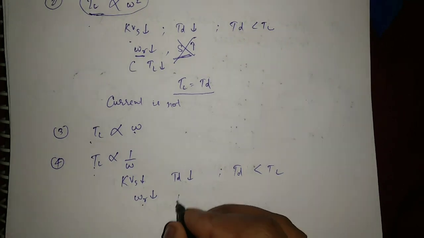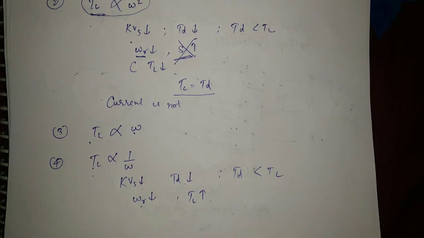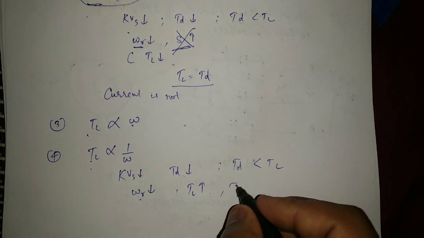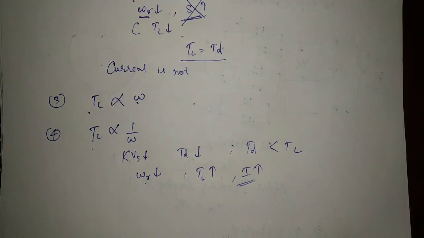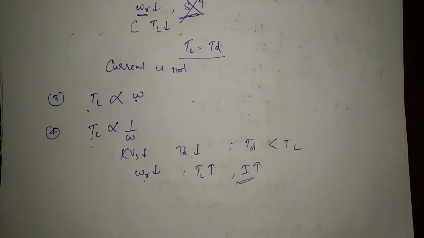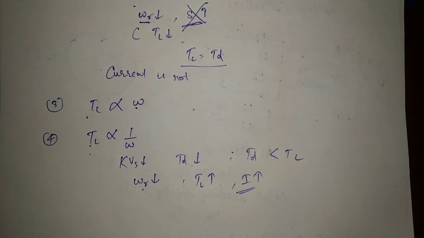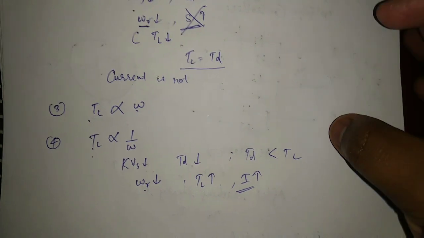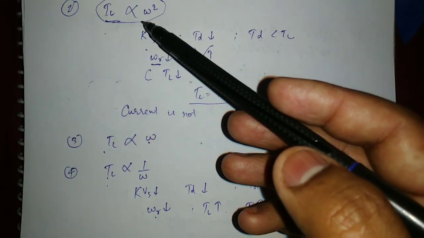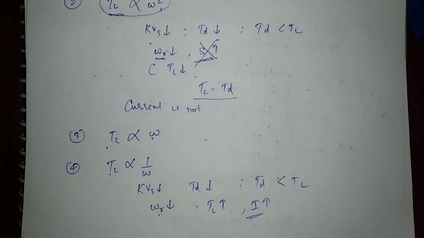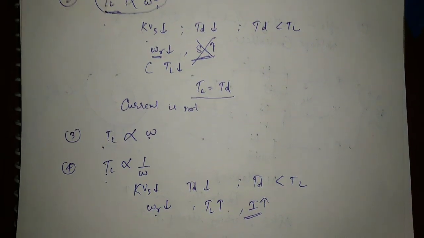Omega R decreases, therefore TL increases. ठीक है, TL increases means current increases. So in this method, current increases, therefore overheating of winding will be there. Okay, so this method is suitable for TL directly proportional to omega square and TL directly proportional to omega.